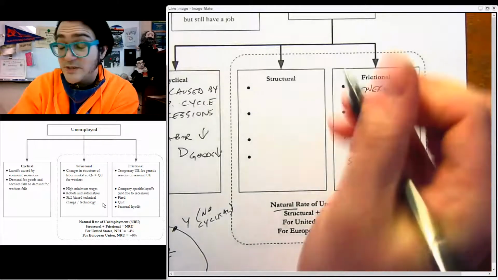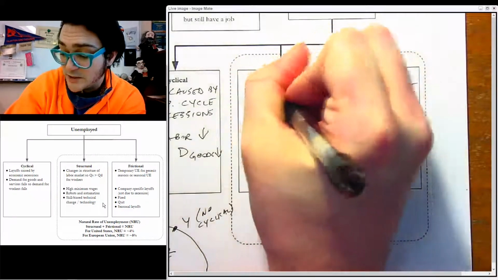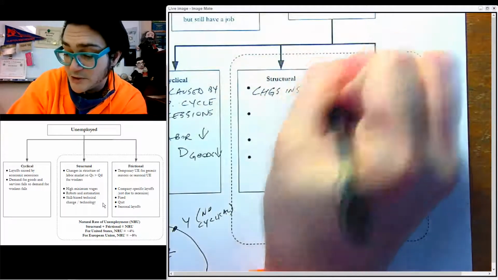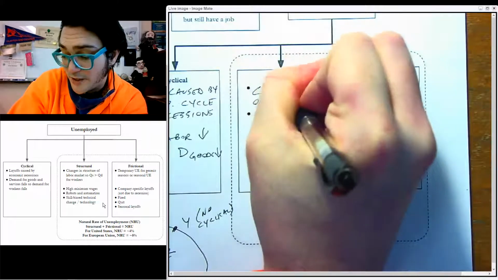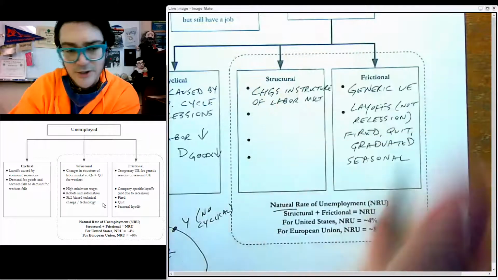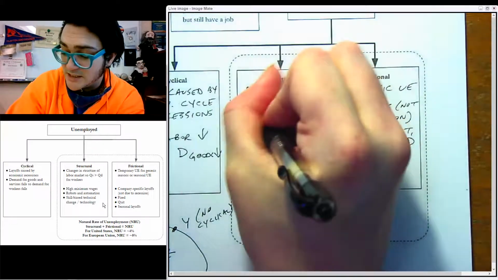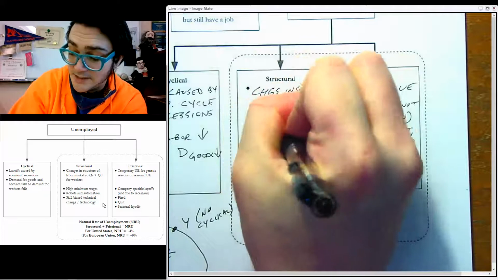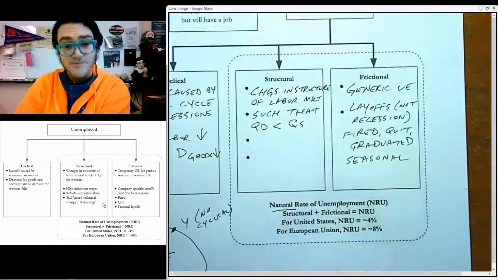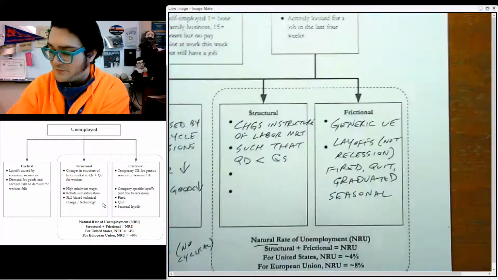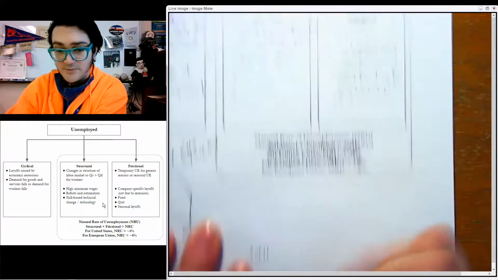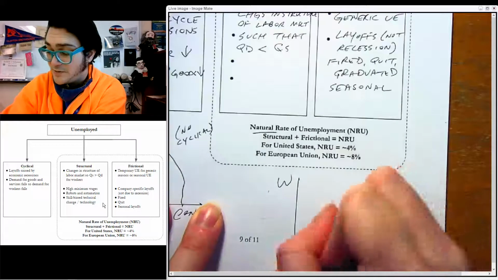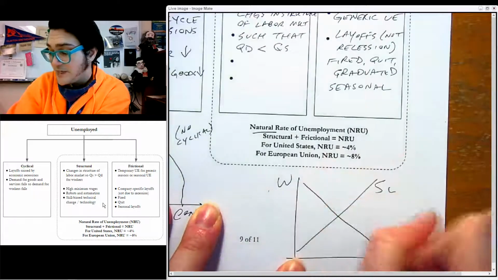The other type of unemployment that's normal is structural, and this is caused by changes in the structure of the labor market, such that the quantity demanded is less than the quantity supplied for labor. If we drew a picture, we'd have wage, quantity of labor, supply of labor, and demand for labor.